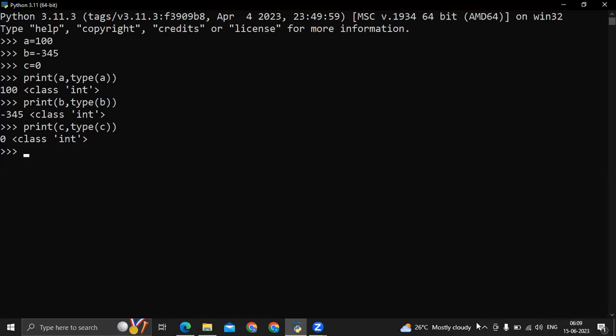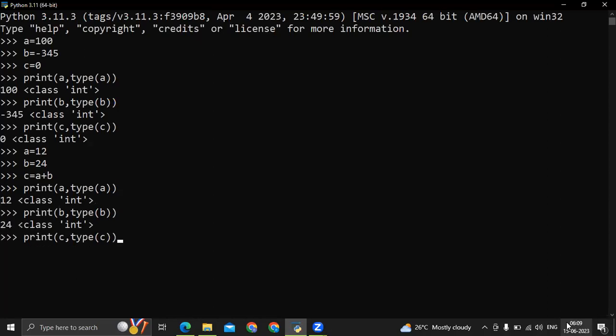Now let's take another example. Let's take A is equal to 12, B is equal to 24. Now C is equal to A plus B. Now I'm writing print A, type of A. Now print B, type of B. Now print C, type of C. What will we get?